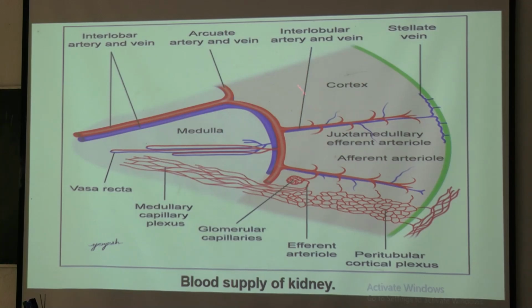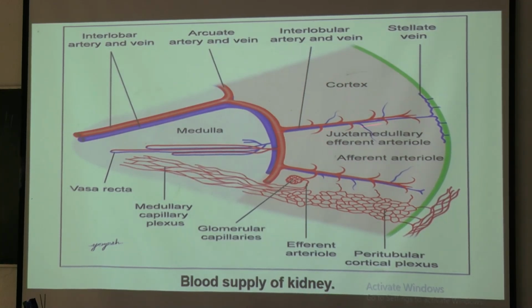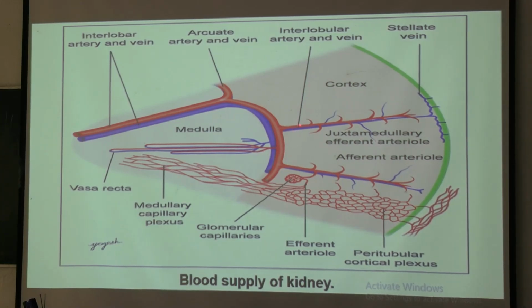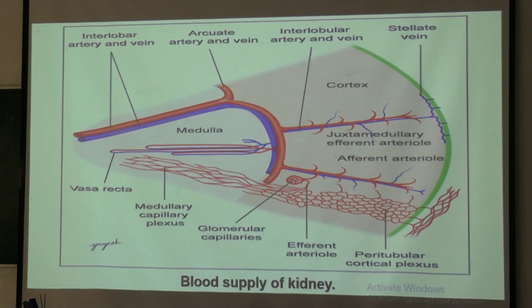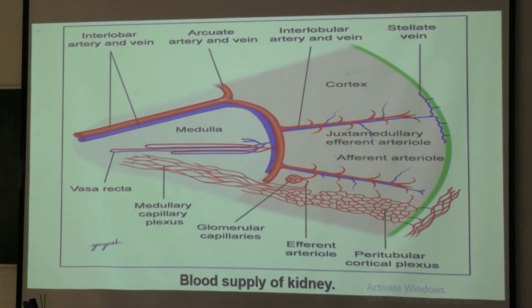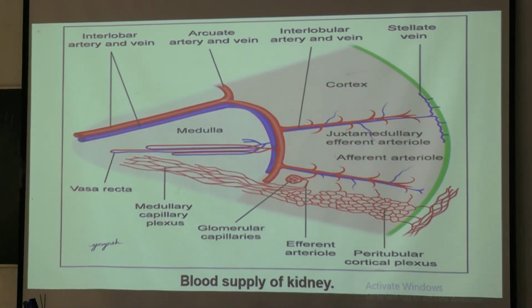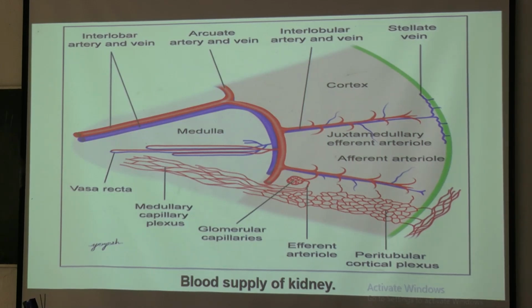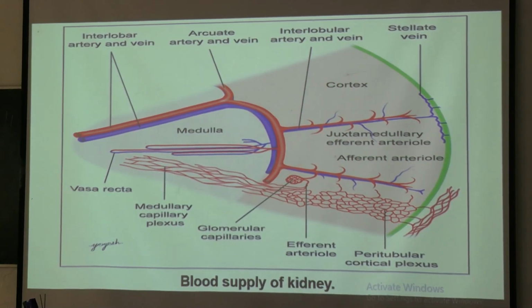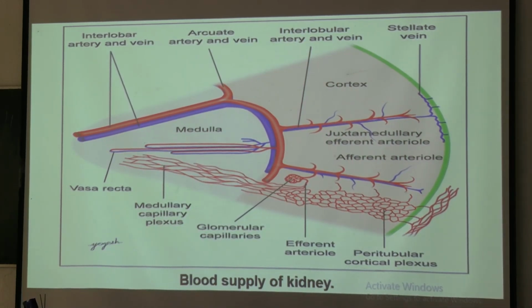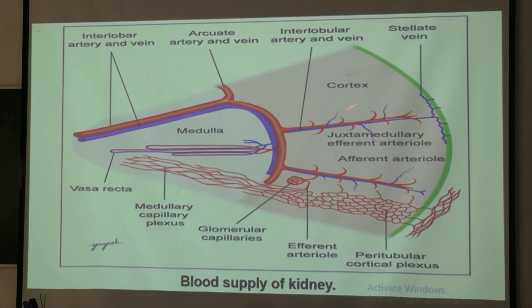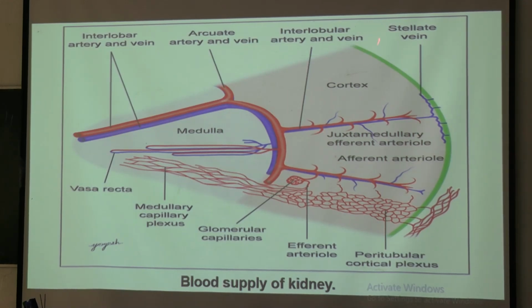From each arcuate artery the interlobular artery arises, and the interlobular arteries give afferent arterioles. The afferent arteriole forms the glomerular plexus, then goes to the efferent arteriole, and the efferent arteriole forms a plexus around the renal tubules, then they join to form the interlobular vein.